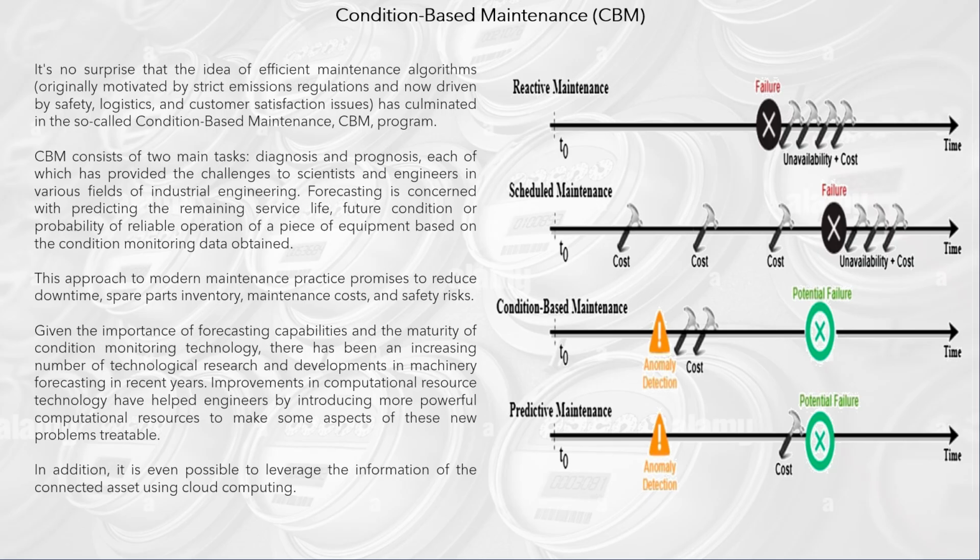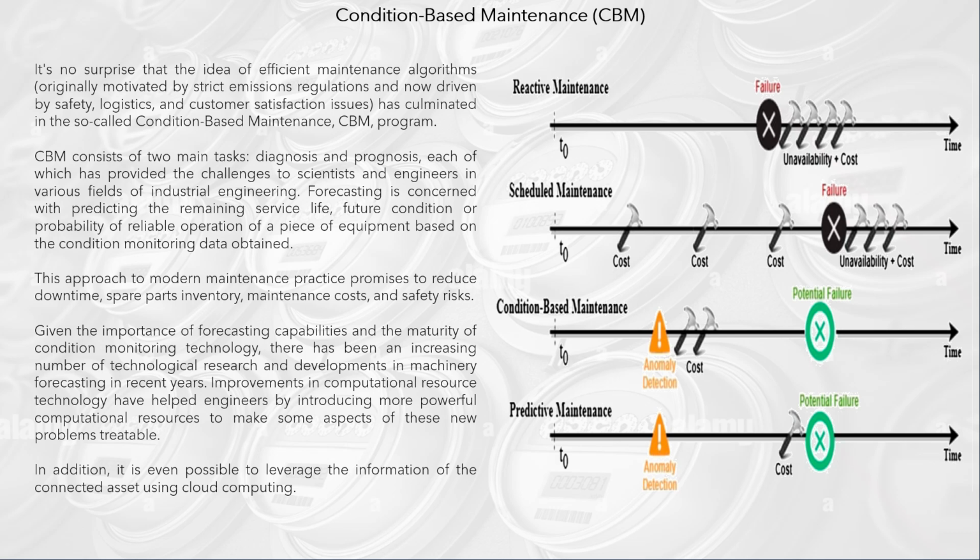Forecasting is concerned with predicting the remaining service life, future condition or probability of reliable operation of a piece of equipment based on the condition monitoring data obtained. This approach to modern maintenance practice promises to reduce downtime, spare parts inventory, maintenance costs, and safety risks.